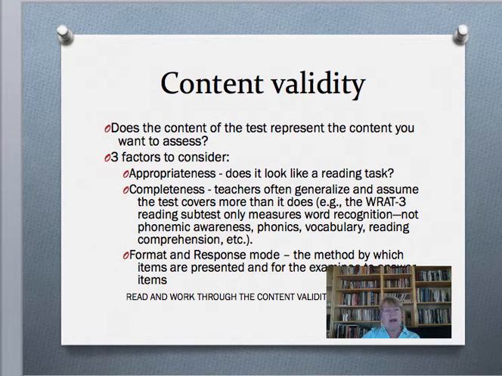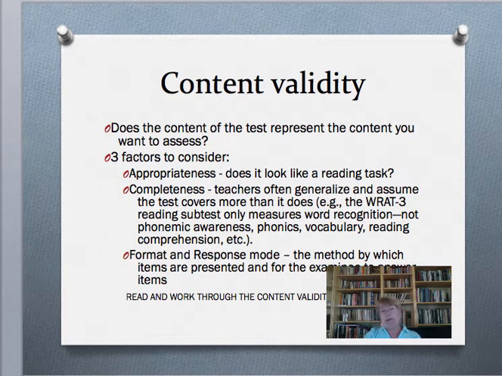So I'm giving the Wide Range Achievement Test as an example. The Wide Range Achievement Test measures achievement in reading, math, and writing. It has two reading subtests now. One measures word recognition. It used to be the only subtest on the WRAT to measure reading, simply word recognition.